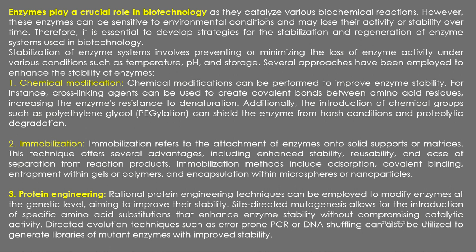You have to speak and write these words loudly. So these two techniques, error-prone PCR and DNA shuffling, are used to generate libraries of mutant enzymes with improved stability.